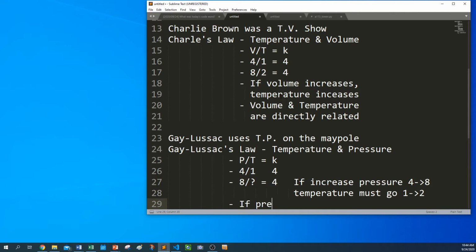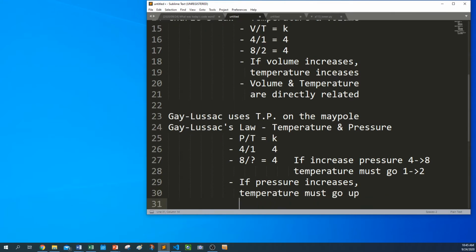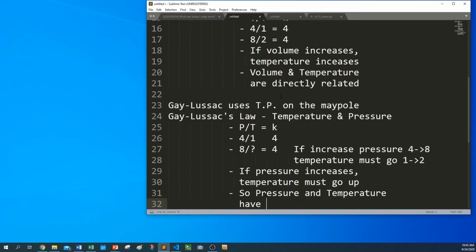So if pressure increases, temperature must go up. So if one increases and the other one increases, that means it's a direct relationship. So pressure and temperature have a direct relationship.